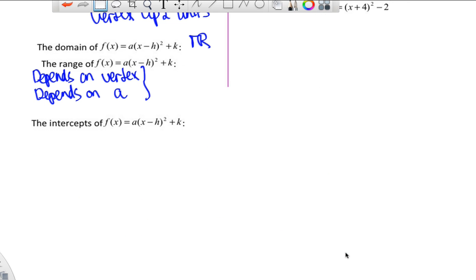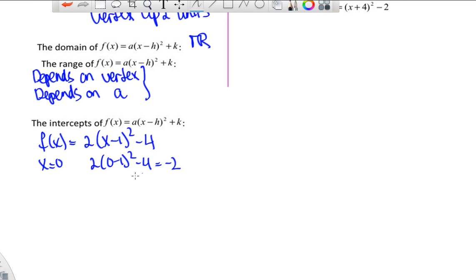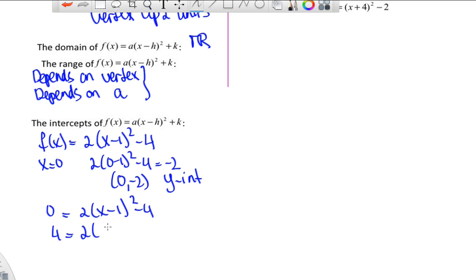What I needed to do, apparently, was use the function that we've been working with, which was 2 times x minus 1 squared minus 4. Okay, so plug in 0. We get 2 times 0 minus 1 squared minus 4. So 2 minus 4 is a negative 2. So 0, negative 2 is your y-intercept. And then I need to do 0 equals 2 times x minus 1 squared minus 4. Solve for this one. I add 4 on both sides.